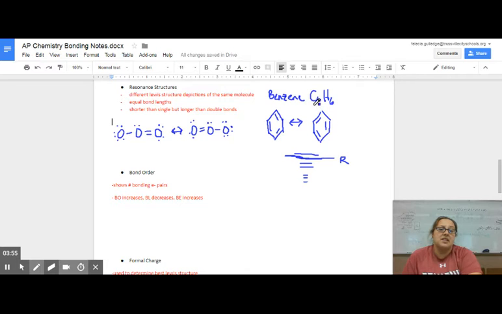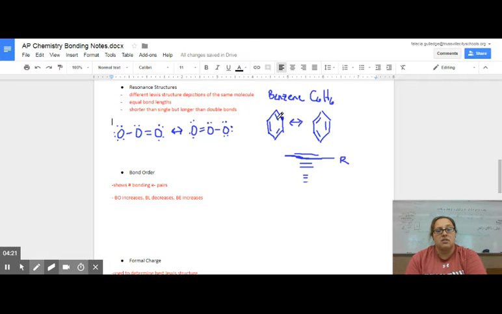Benzene's formula is C6H6, and this is what it looks like. It's like a hexagon. Each little point that you see there is a carbon. You see that there are 6 sides, so I have 6 carbons there. The hydrogens are just understood in organic structures, so you just draw line depictions of what you have. The 6 hydrogens are understood there.